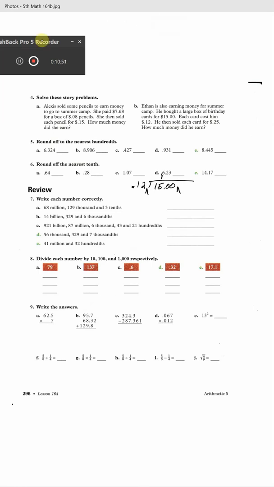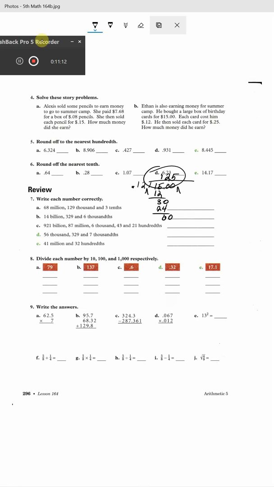This is 1, 2, and 5. So he got 125 cards out of that. Is that what you got? Oh, I'm right.